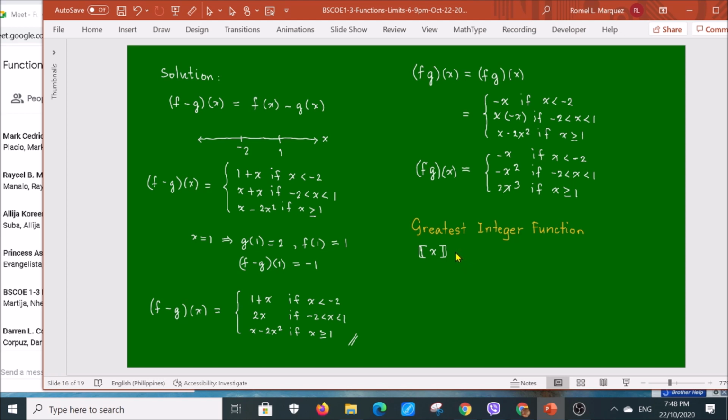And it is defined as what? Greatest integer.